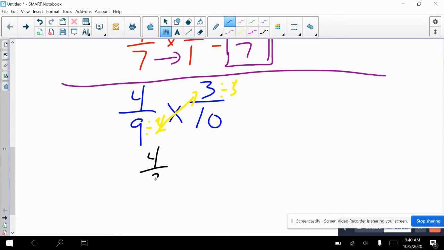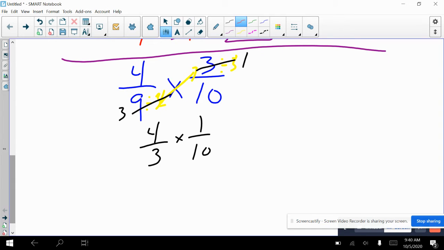So we get 4 over 3 times 1 over 10. Does 4 go into 10 evenly? It does not. This is where you may just give up and say, darn, 4 doesn't go into 10 evenly. But here's where you got to know your facts.